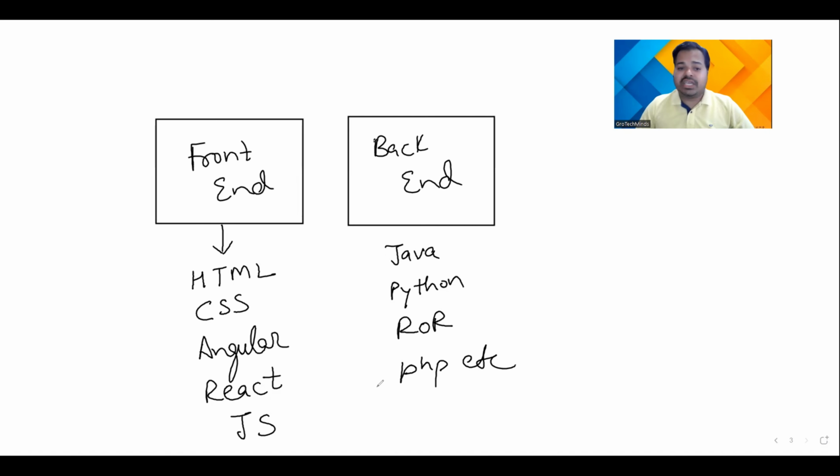So any application can be made with a front end and back end. Even this beautiful application, Zoom, or any other application on a mobile is made with the help of a front end and back end.